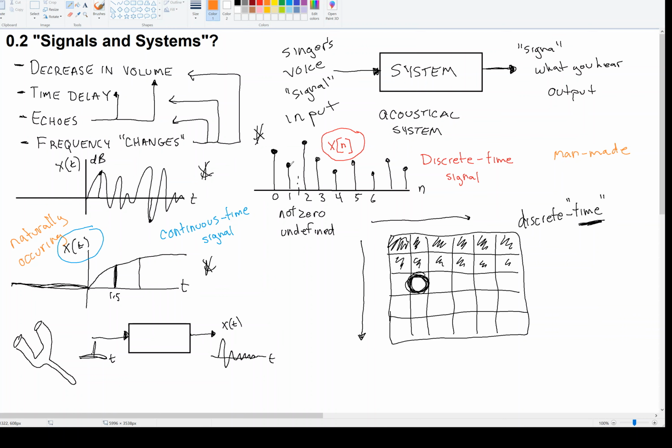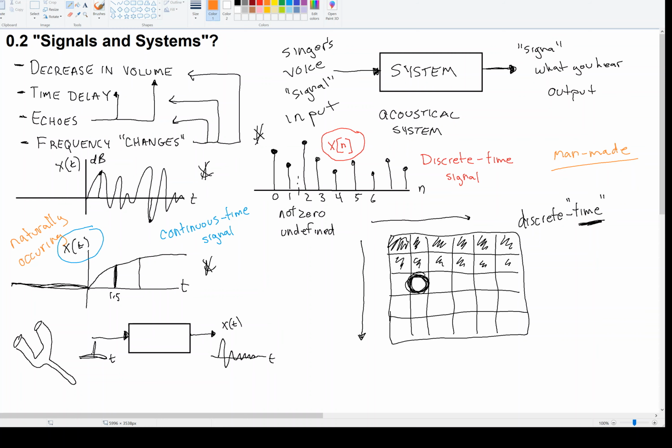They can only store discrete points. So everything in a computer is discrete time. What we usually end up doing is processing naturally occurring signals with computers. Therefore, we need to understand both continuous time and discrete time signals.